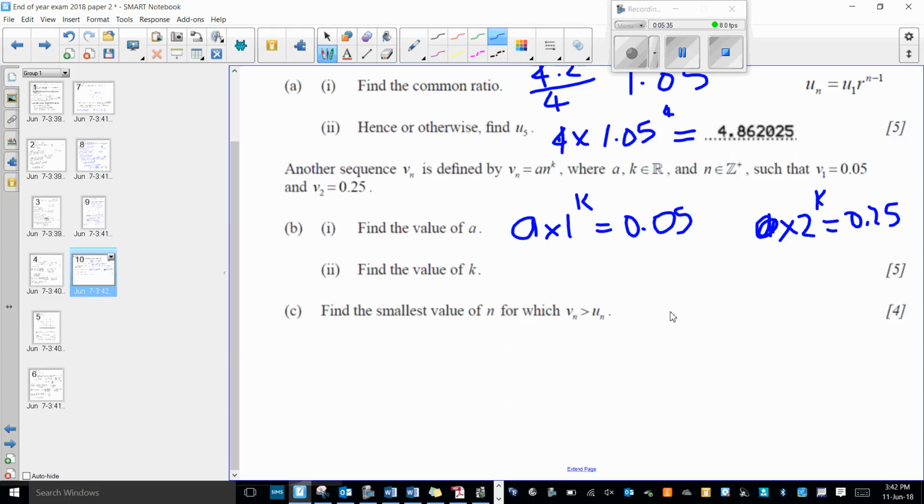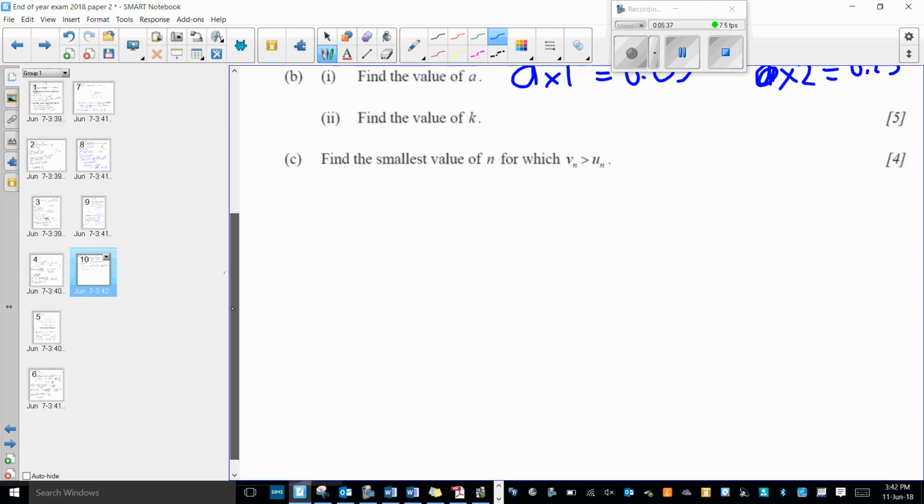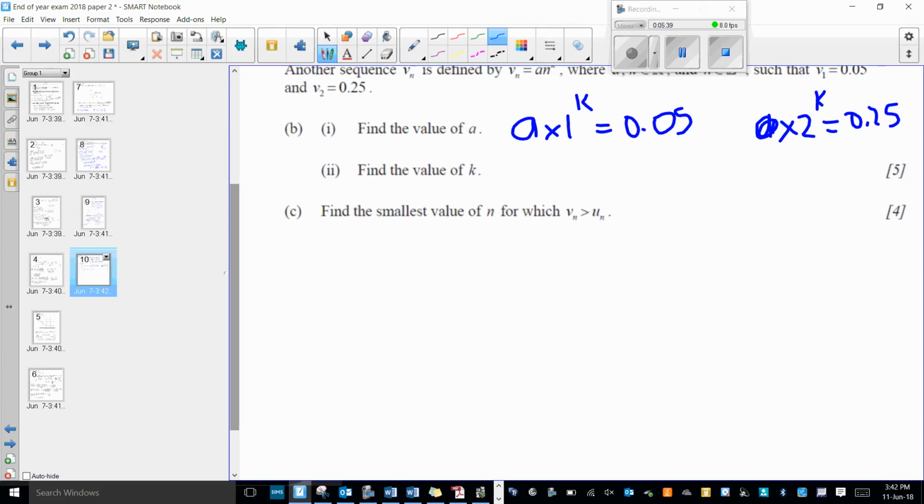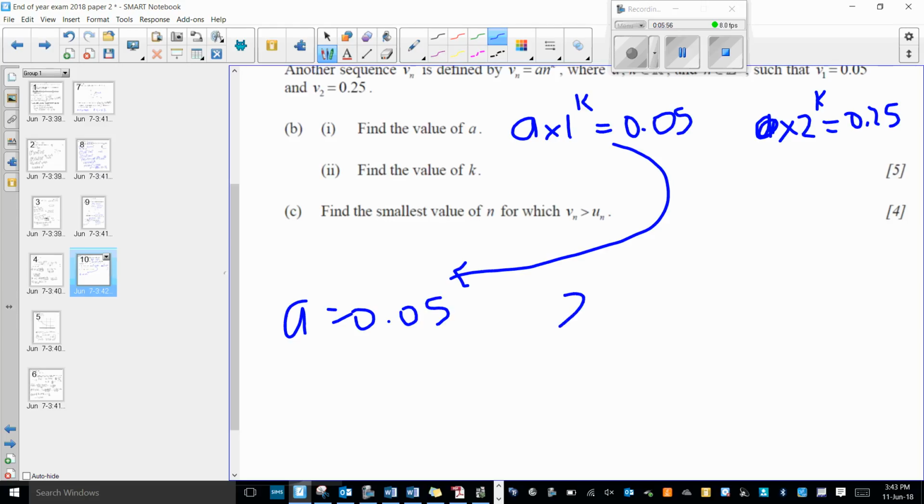Right, if we're trying to solve this, 1 to the power of anything is obviously going to be 1, so we know from this one that a is 0.05. And so 0.05 multiplied by 2 to the power of k equals 0.25.